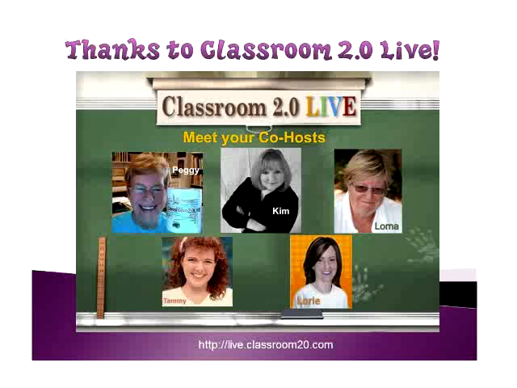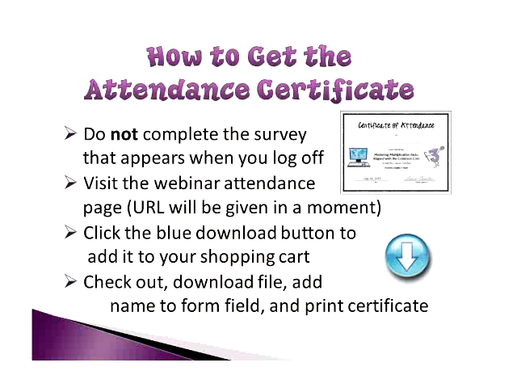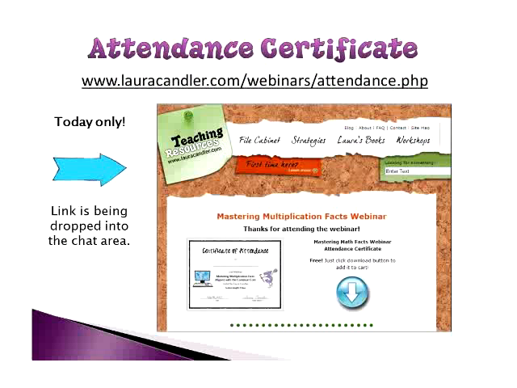All right. Let me move on then to the attendance certificate. There's going to be a survey that pops up when you log off from Classroom 2.0 Live. Do not complete that. Just exit out of it. You've got to click on the link. I actually just put it in the chat area. The URL will come up on the next page, and you're going to click that blue download button. There's what the URL looks like, but I just put it in the chat area.